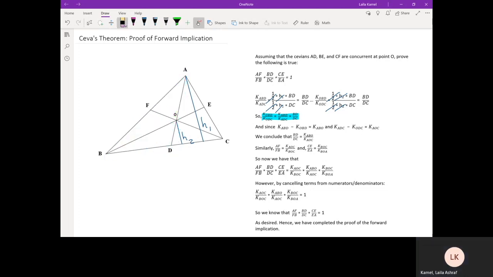Similarly, if you take away from triangle ADC the triangle ODC, it leaves you with this smaller triangle AOC.